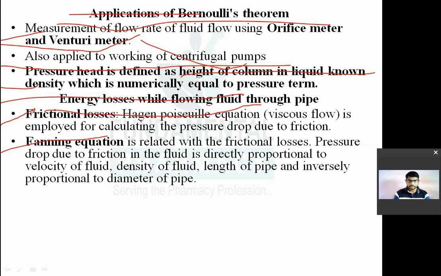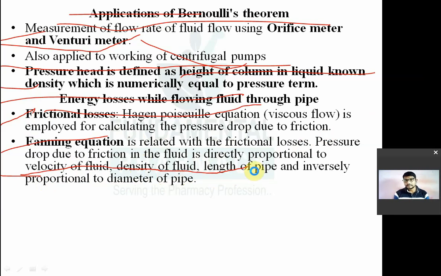Okay? Pressure drop due to the friction in the fluid is directly proportional to... Now this pressure that decreases due to friction between the fluid and the wall of pipe, that is a pressure drop due to friction between the wall of the pipe and the fluid. It is directly proportional to the viscosity of fluid, then density of fluid, then length of pipe.